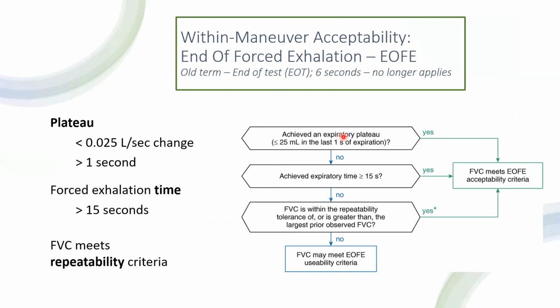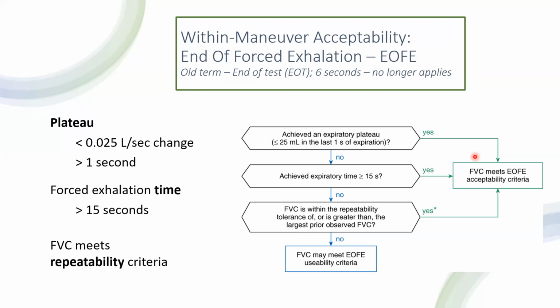Did you achieve the plateau, defined as less than 25 mLs and held for at least a second? Yes, I did. Forced vital capacity meets end of forced expiration acceptability criteria. No, I didn't reach a plateau. Well, if you didn't reach a plateau, did you achieve 15 seconds of expiratory time?